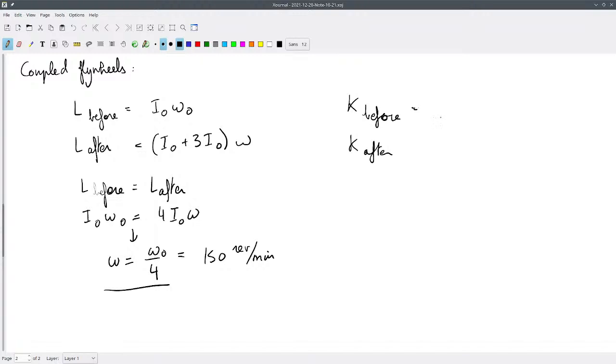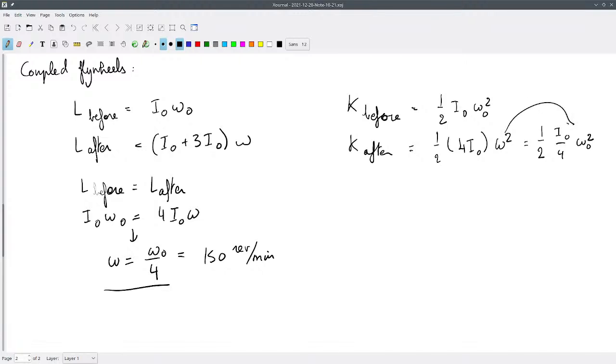The kinetic energy before is 1/2 I0 omega 0 squared. There's no kinetic energy in the flywheel at rest. The kinetic energy after is 1/2 times 4 I0 times omega squared, which is equal to 1/2 of I0 over 4 omega 0 squared.